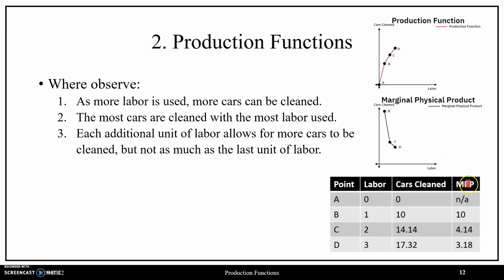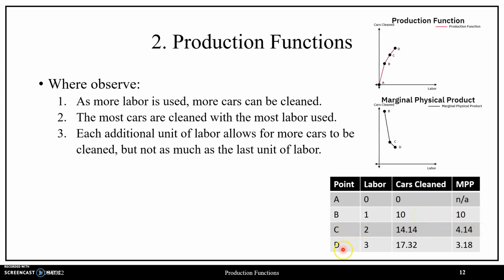We can also see this in terms of our table representation, where going from A to B, 0 units of labor to 1 unit of labor, we see this allowed for 10 cars to be cleaned. So the marginal physical product was 10. Going from B to C, bringing on that second person on board, allowed for 4.14 cars to be cleaned due to the difference of 14.14 and 10, which is also positive.